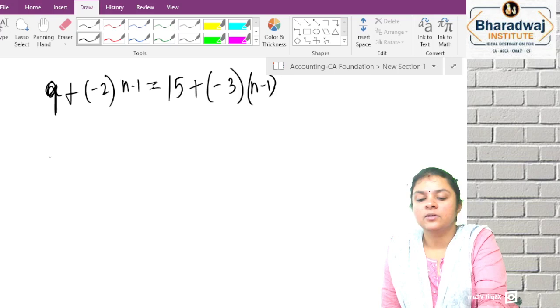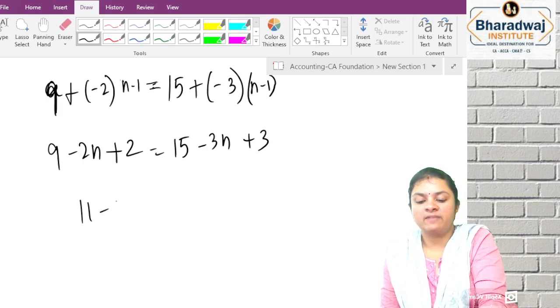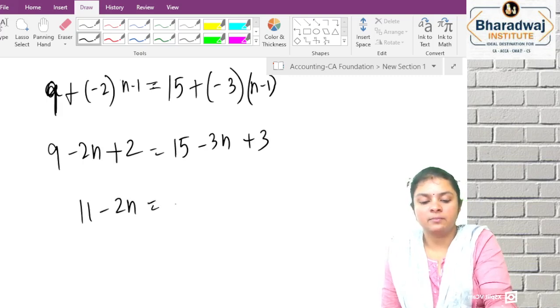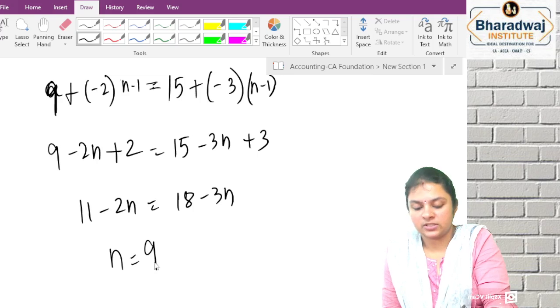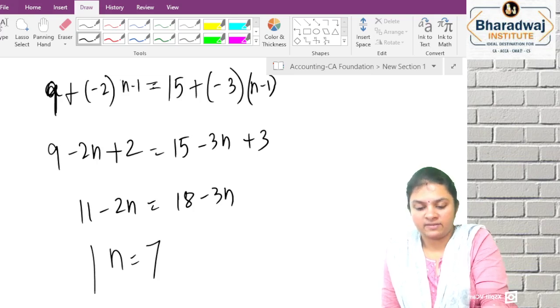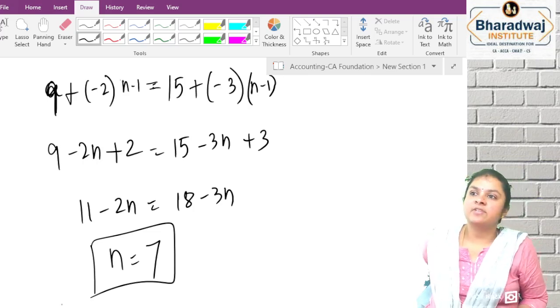So 9 minus 2n plus 2 is equal to 15 minus 3n plus 3. So 9 plus 2, 11 minus 2n is equal to 15 plus 3, 18 minus 3n. So n is equal to 18 minus 11, which is 7.